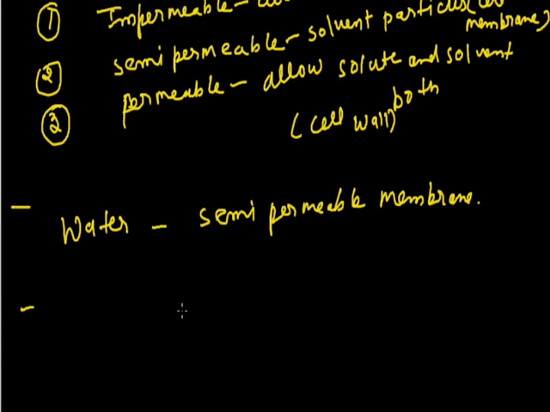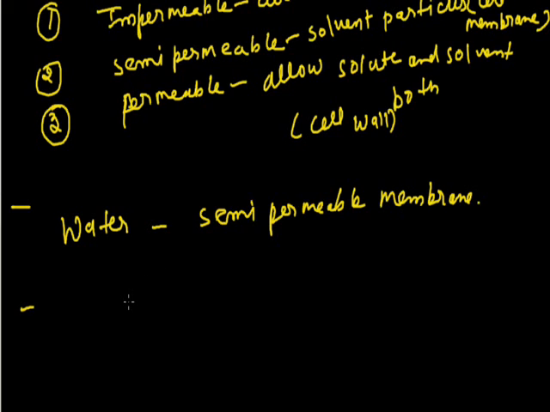I'll give a simple example: if there is more or less water, there is a difference in the water amount outside as compared to the inside. Or I can simply say that there should be a difference between outer and inner in respect of solvent. There should be a difference in the solvent amount for the process of osmosis.